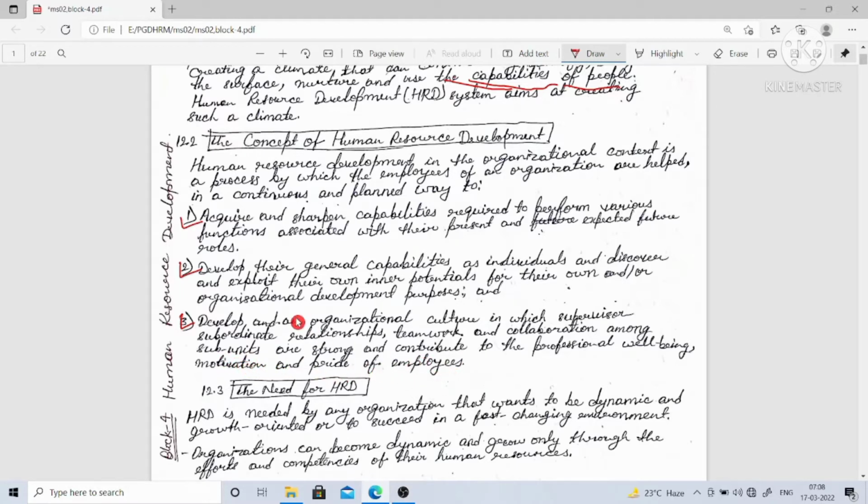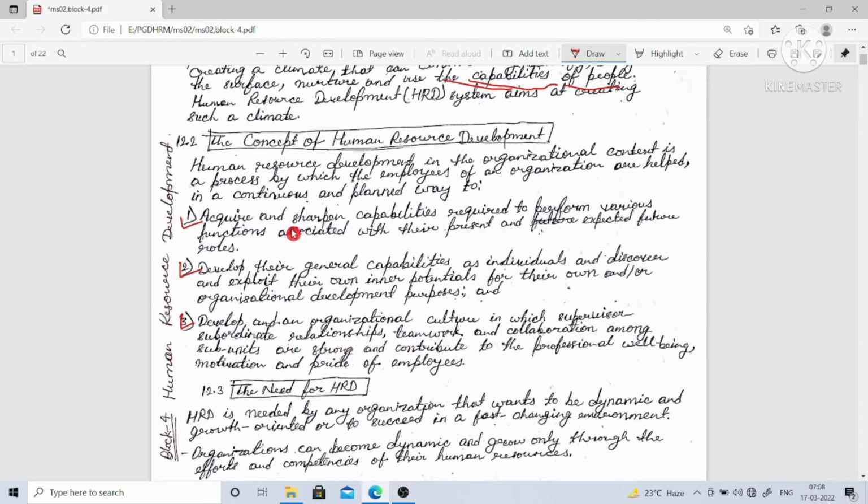So these things are maintained by developing an organizational culture.